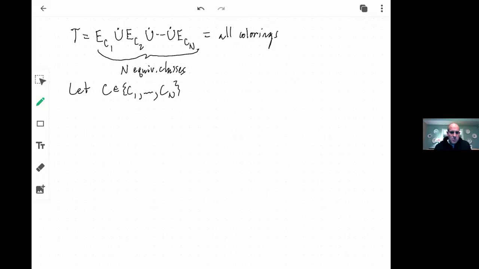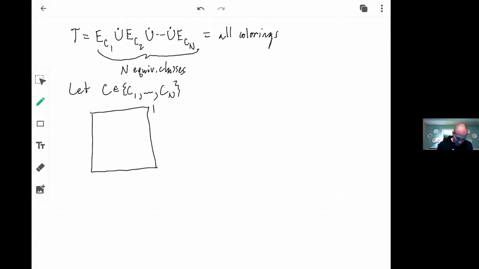Now again, remember, there's no way to move C1 to C2, for instance, because those reside in different equivalence classes. But C1 can be moved to anything inside of its equivalence class. So I want to draw this little generic picture here of what's happening.